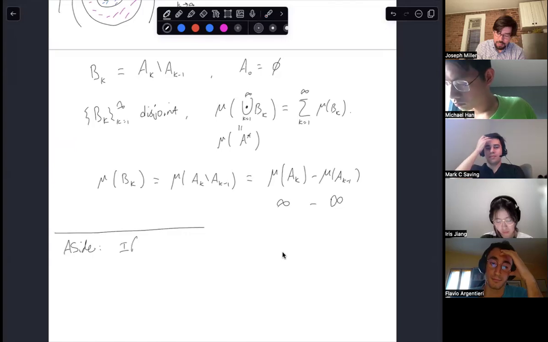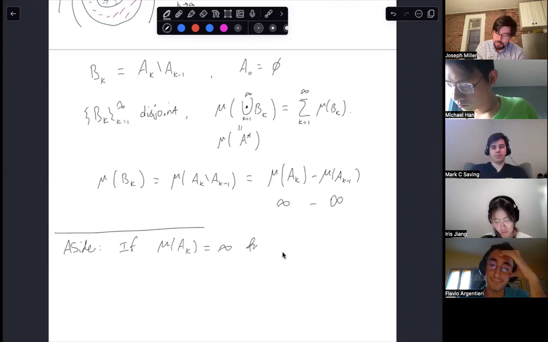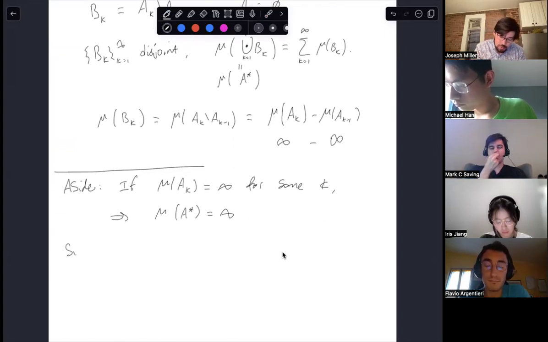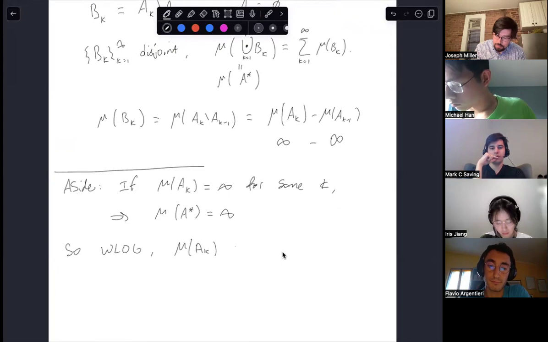If mu of AK is equal to infinity for some k, then mu of A star is infinity, because it can only get bigger, since I'm only increasing more things. So without loss of generality, mu of AK is finite for all k.